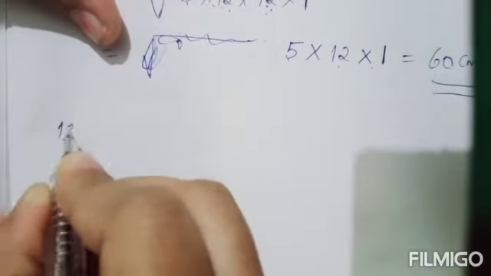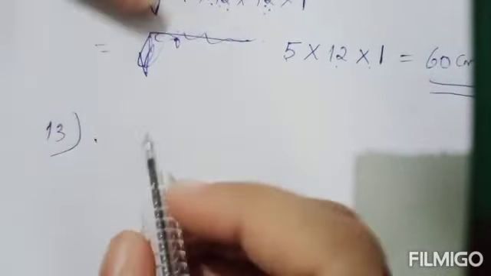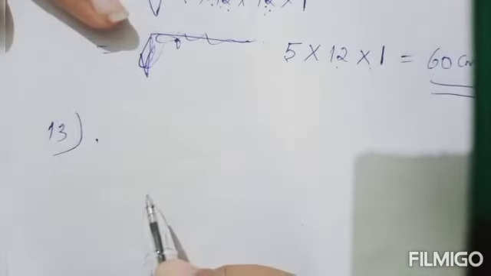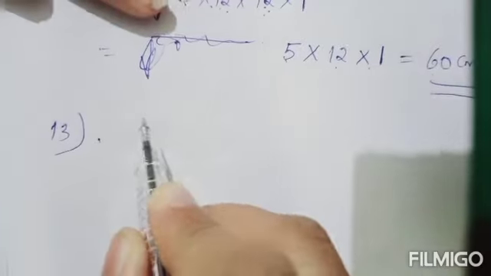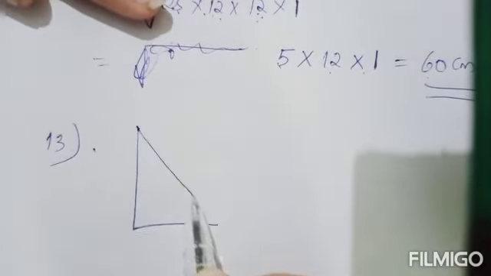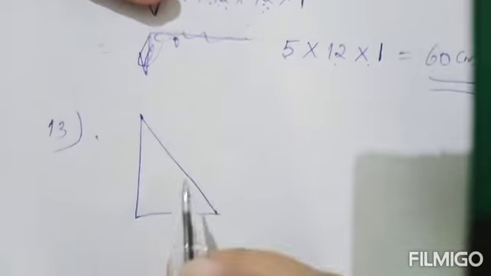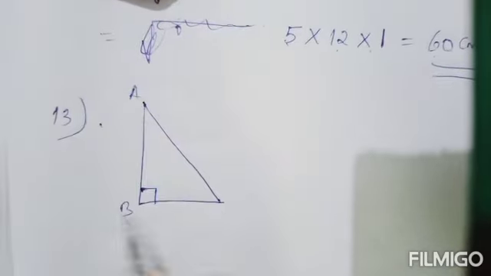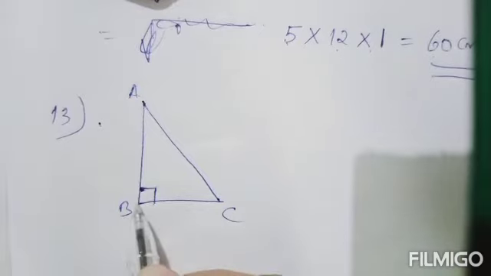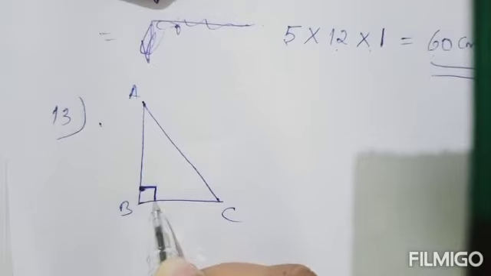Next, 13th question. Find the area of a right angled triangle with hypotenuse 40 centimeter and one of the other two sides 24 centimeter. So a right angled triangle is given, you have to find its area. Let the right angle be at B. Which is the hypotenuse? The side opposite to 90 degree.